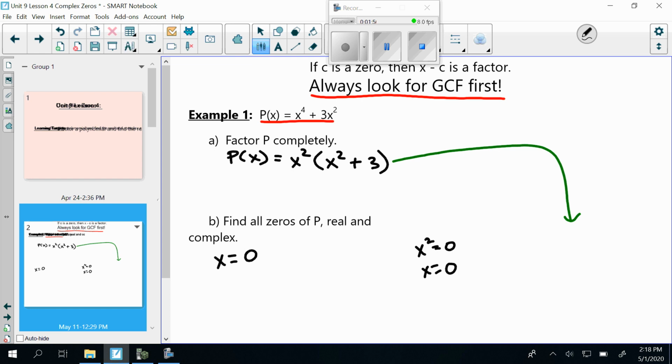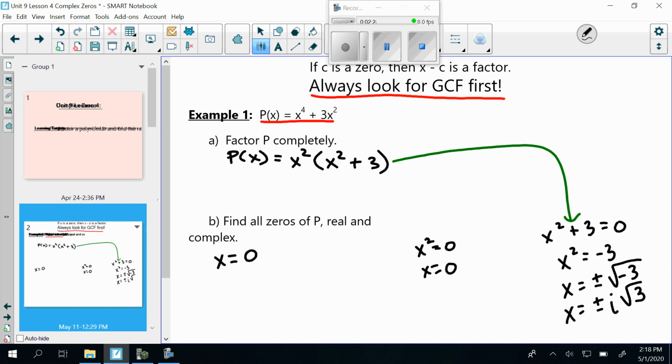But then this other factor has some more zeros we want to find. So let's solve this one now. Let's subtract 3, and let's take the square root again. When we take the square root here, we end up with plus or minus the square root of negative 3. Now we know from working with imaginary numbers that this is not a real 0. That negative under the square root is going to come out and turn into an i.